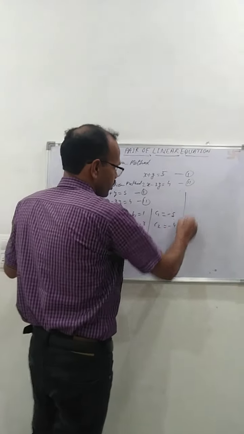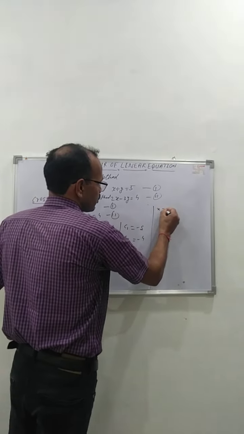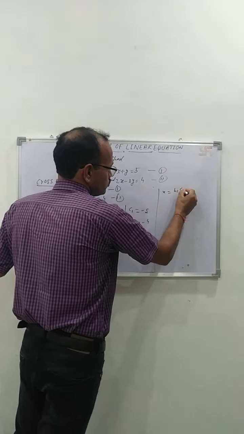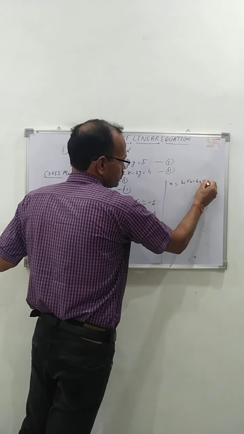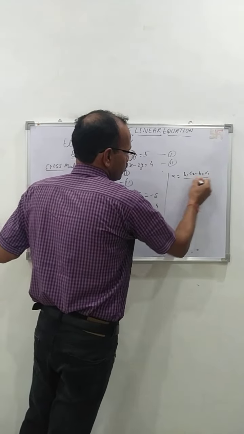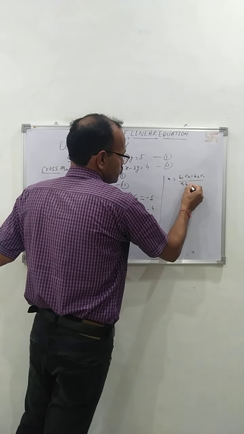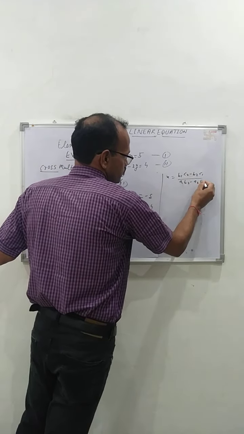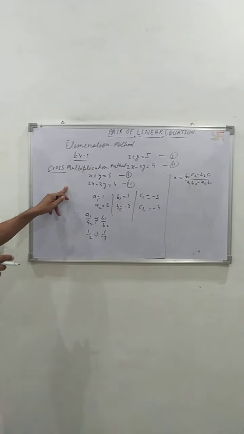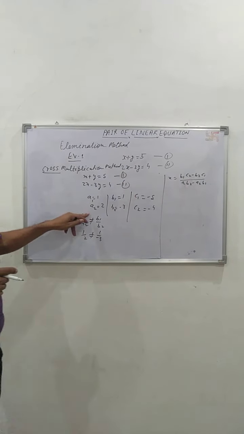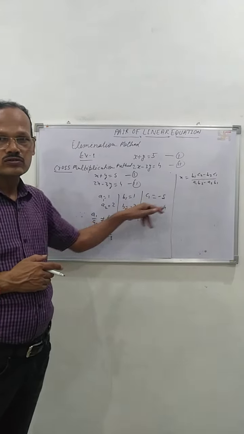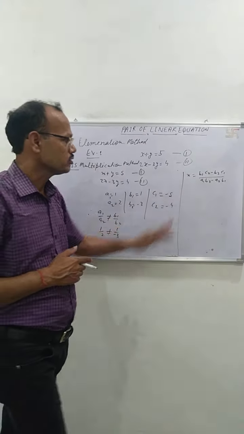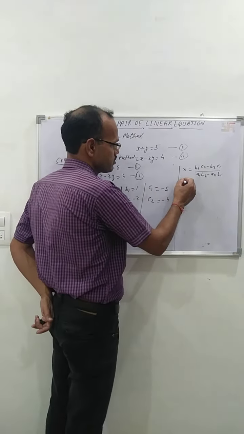The formula for x is b1 c2 minus b2 c1 upon a1 b2 minus a2 b1. In this formula, we place the values of a1, a2, b1, b2 and c1, c2, and finally we get the answer for x.